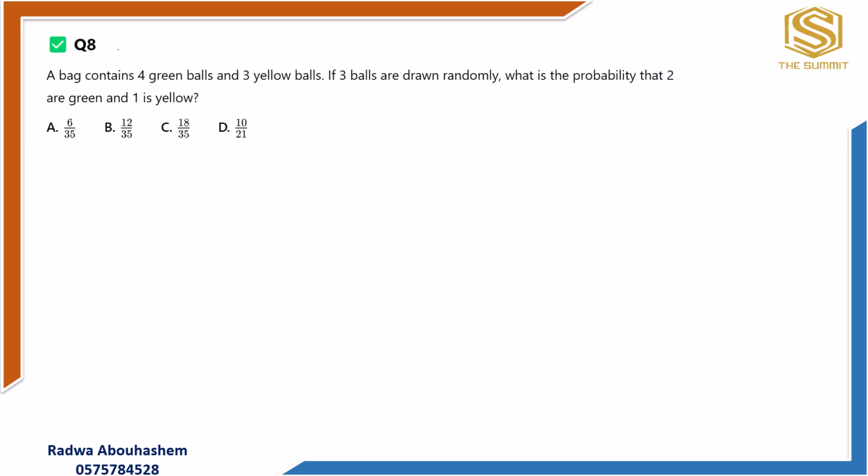The bag contains 4 green balls and 3 yellow balls. If 3 balls are drawn randomly, what is the probability that 2 are green and 1 is yellow? As you see here, randomly means that the order does not matter. So I'm going to use the combination. Also, the rule for probability says that the probability equals the favorable outcomes over the total outcomes.